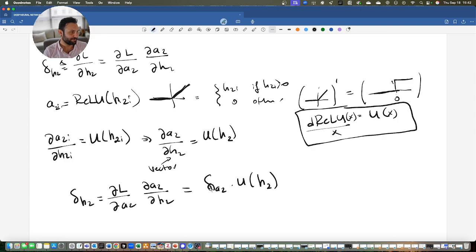Basically, if I'm getting the A2, and I'm only eliminating the negative ones, it is almost like getting the value of this thing, right? Remember I'm moving backward right now. I have the A2, now I'm going to H2. I'm calculating the delta H2, and the derivative that's selective of the H2 is the unit step.